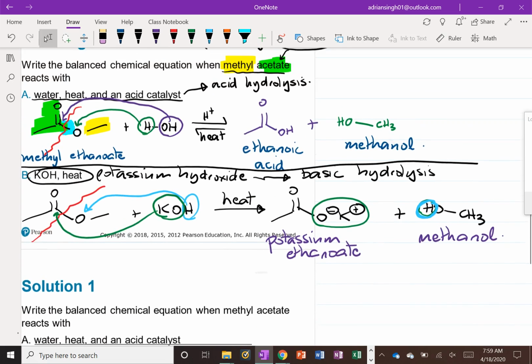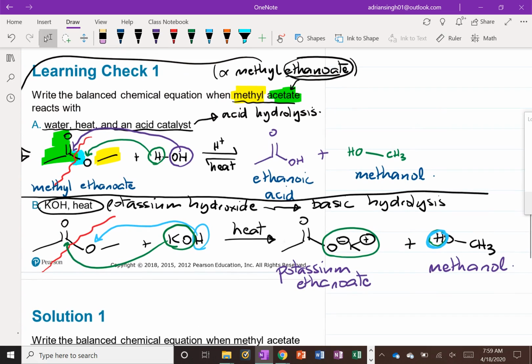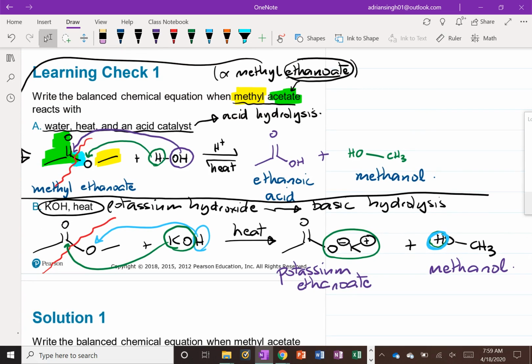So those are the two main types of reactions that your esters are going to undergo. They're pretty much subcategories. Hydrolysis is the main reaction. Under acidic hydrolysis of an ester, we produce the original carboxylic acid and the alcohol. Under basic conditions, we produce the salt of the carboxylic acid and the original alcohol.